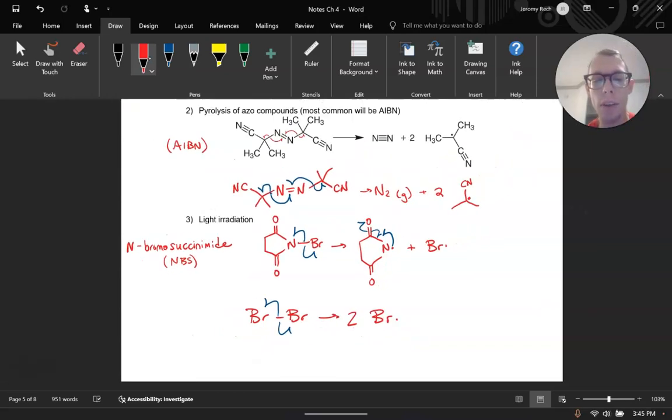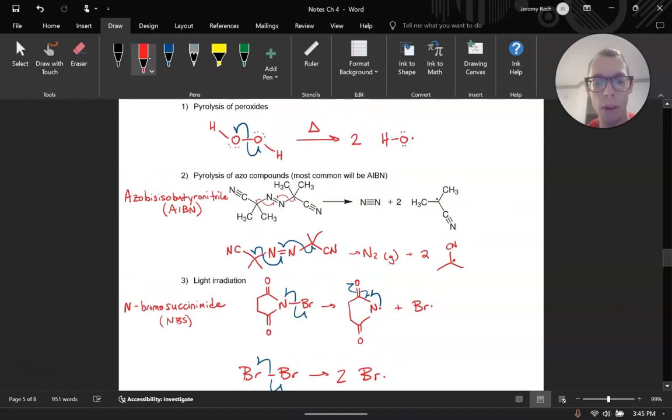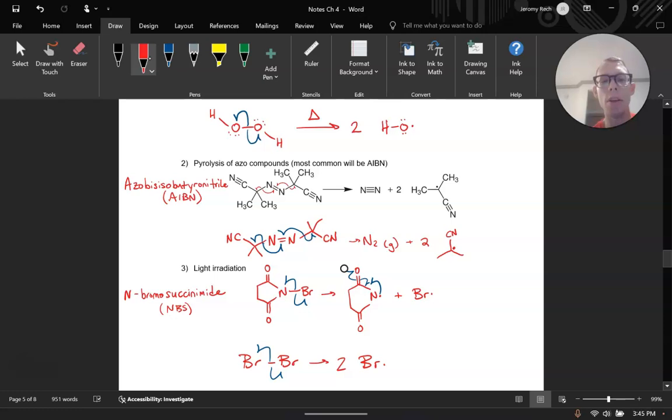And here, this kind of shows you, zoomed out, all four of those ones that we showed originally: using a peroxide, using an azo compound, using a succinimide, or just using Br2 and light. And all of these are going to be methods where we initiate. So we have zero radicals as a reactant, and then two radicals as a product. The nice thing is, no matter what your reaction is, your initiation is going to be one of those four steps.